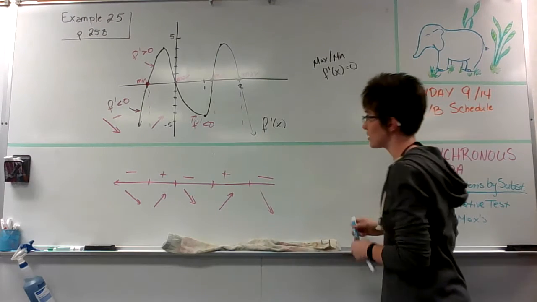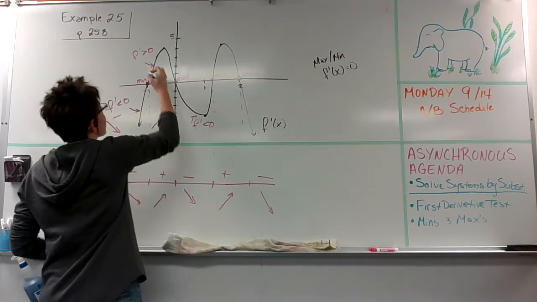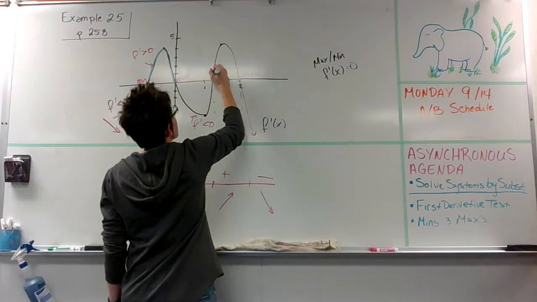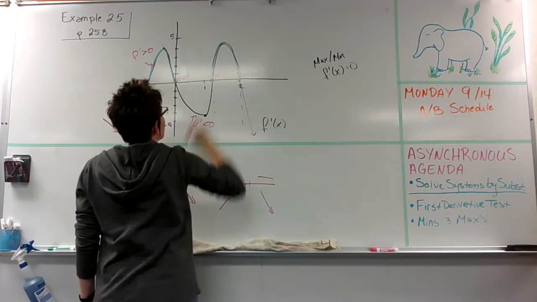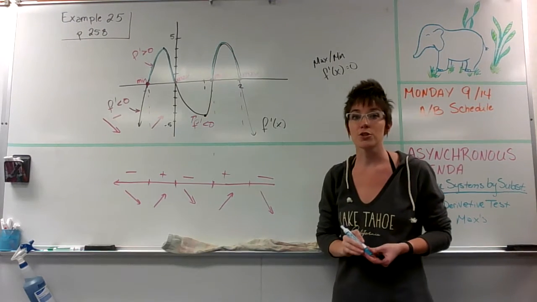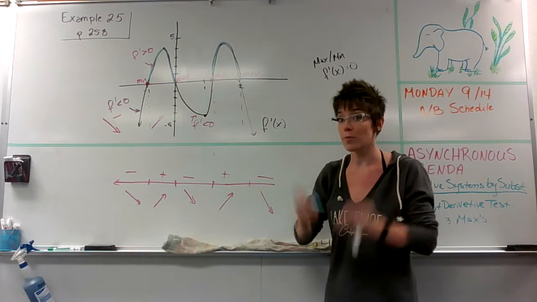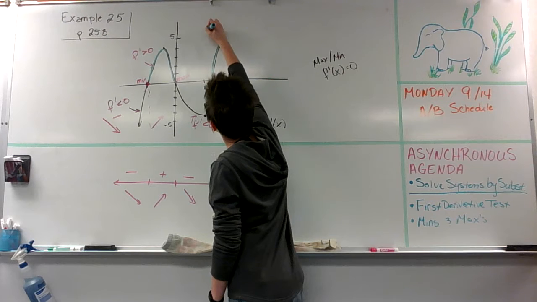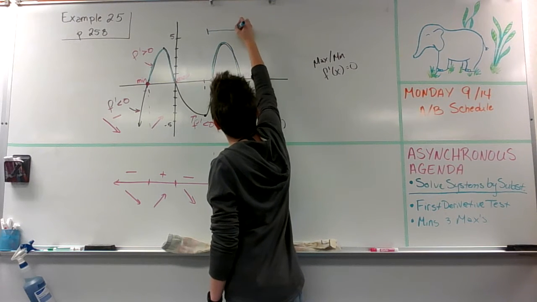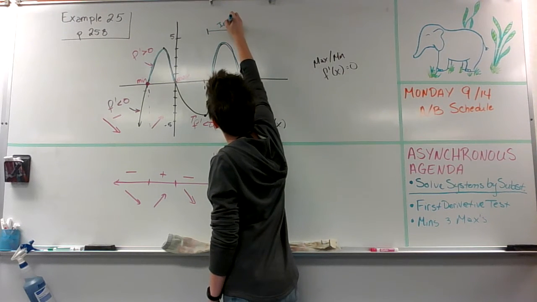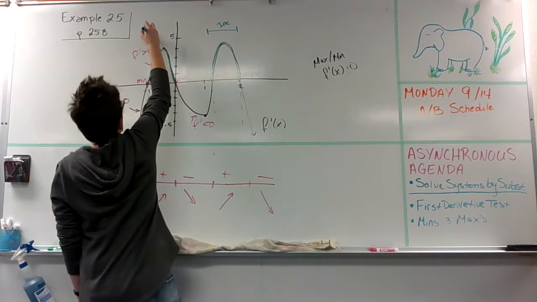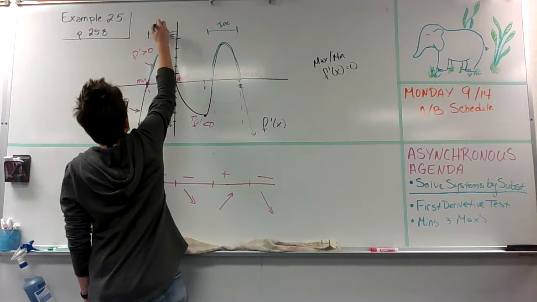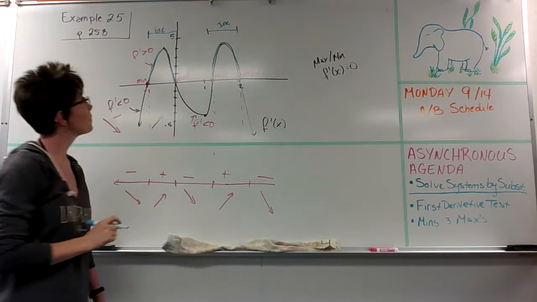So up here and here. So those are two intervals where the slopes are positive, and so we are increasing. So from this interval, this guy is increasing. And then here again, this interval is increasing.